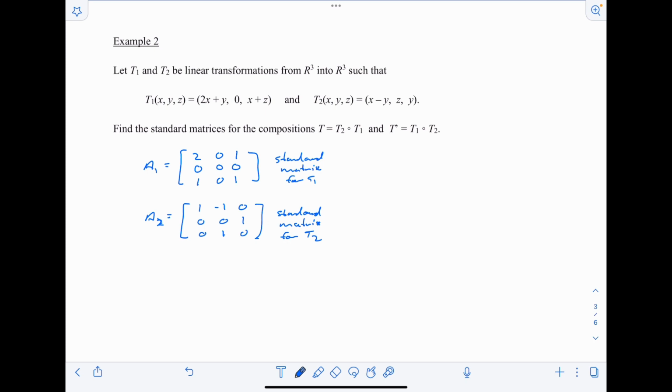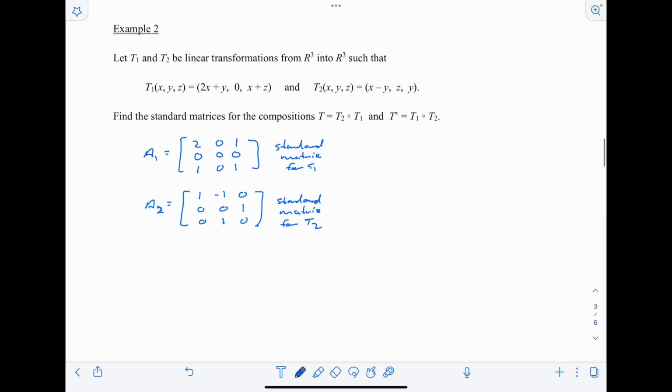T is the composition T2 of T1. So in this case, to find T, we're really finding A, which is A2 times A1. If we multiply these two matrices together, and I'm not going to write that out, we would get 2, 1, 0, 1, 0, 1, and 0, 0, 0.